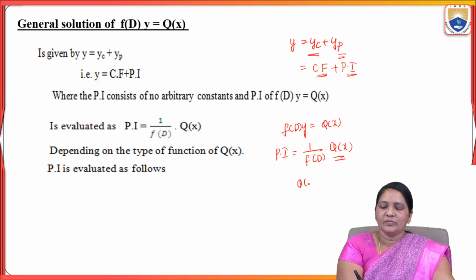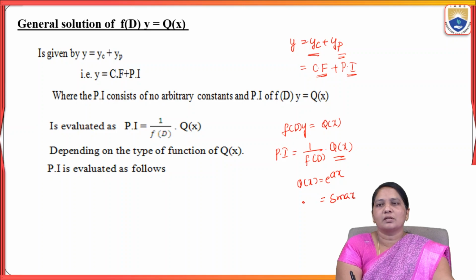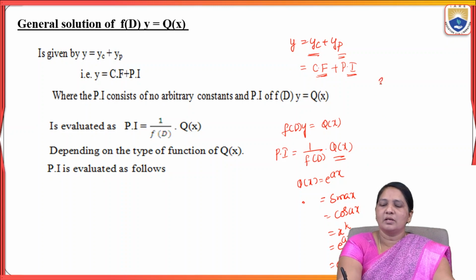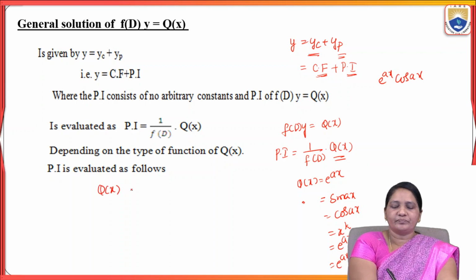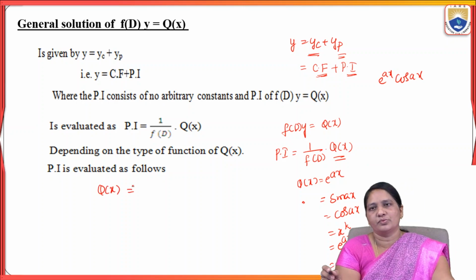For example, e power ax, sin ax, or cos ax, or x power k, or x square, x cube, like that. We can also have e power ax into x power k, e power ax into sin ax, and e power ax into cos ax. Like that, in place of Q of x, we can have different values.